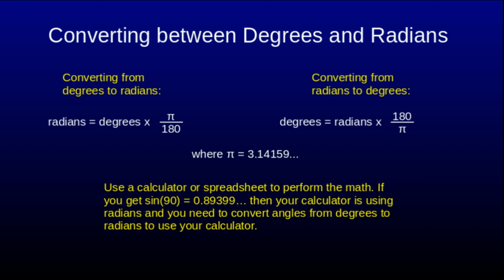But if your calculator or spreadsheet expected radians instead of degrees, you will get an answer of 0.89399. In that case, you'll have to multiply the 90 by pi over 180 in order to convert it to radians first. And then you will get an answer of 1. Conversely, if you do math and you need to convert back to degrees, you'll multiply radians by 180 over pi.